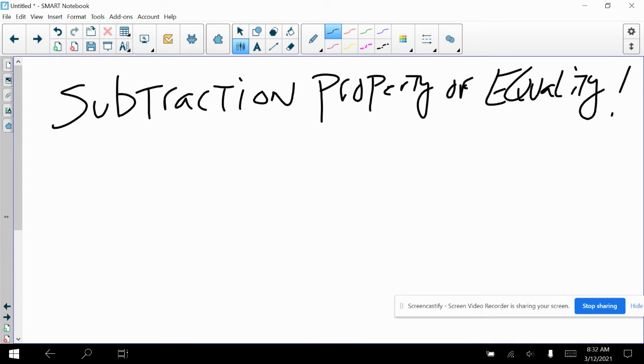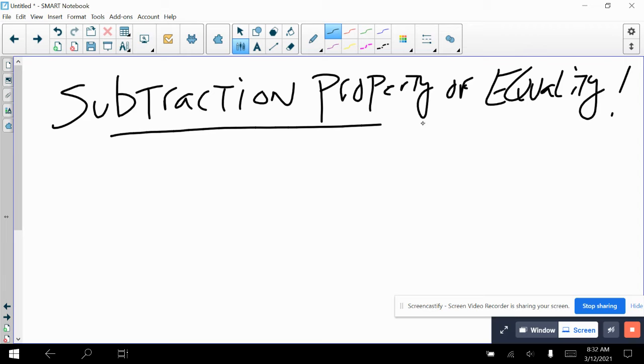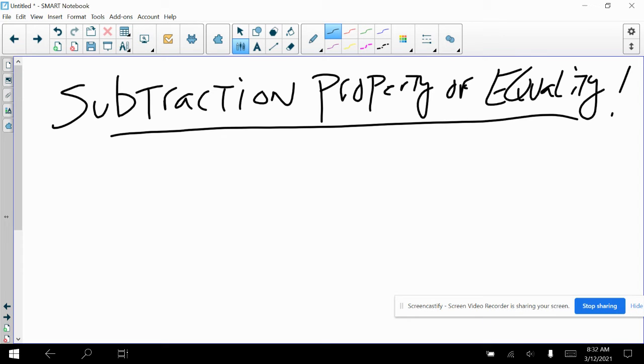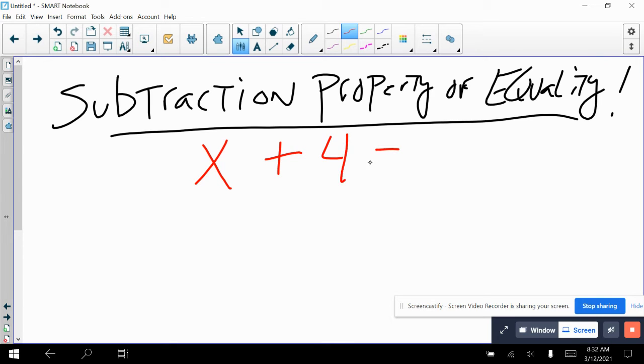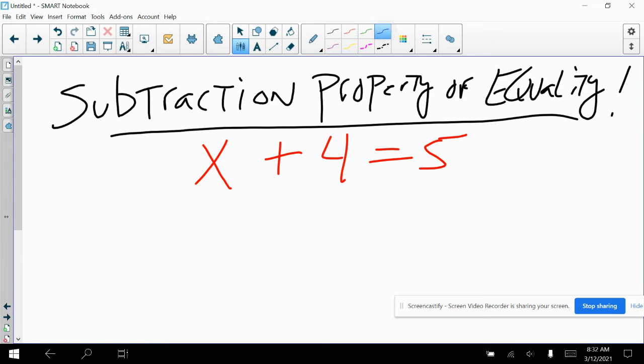This is where you got to kind of just flip your brain a little bit and look at the equation, and you're actually doing the opposite, the inverse operation to solve it. Okay, so we'll stay with the same one. We'll just change the operation to make it easy. So there's the original one.